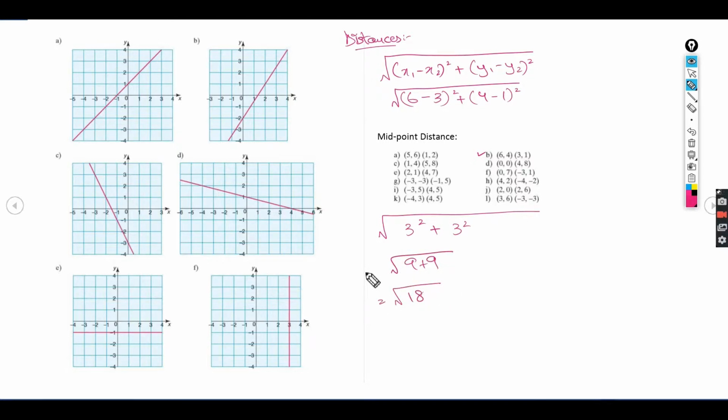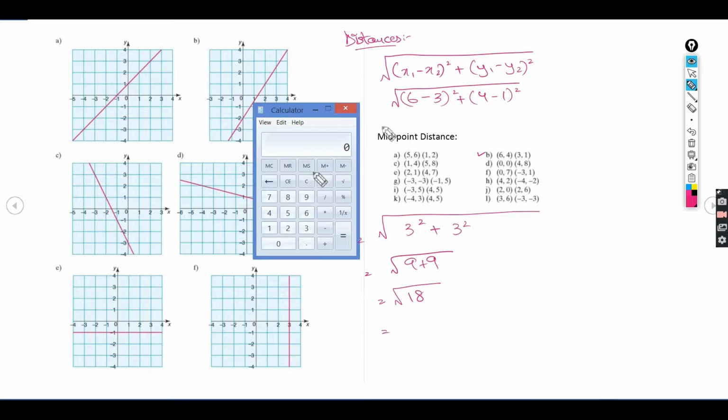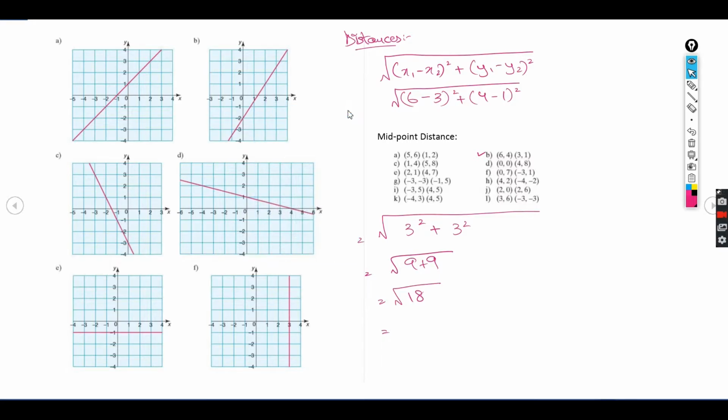If somebody can do under root 18 and tell me the answer really quick. 4.24. So the answer to under root 18 is 4.24, right? So over here the distance for part B should be 4.24.